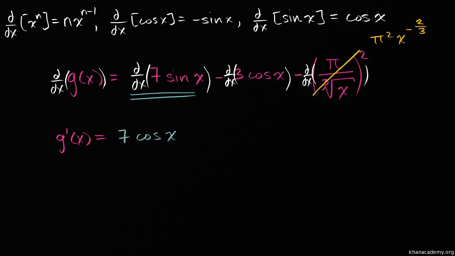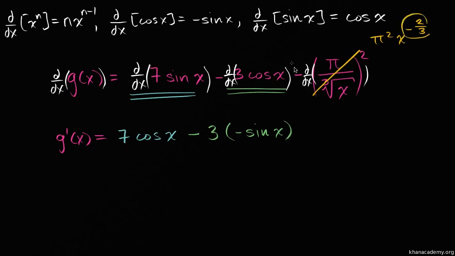This one over here, we're subtracting. So it's going to be this, subtract this, minus. We can bring the constant out that we're multiplying the expression by. And the derivative of cosine of x, so it's minus 3 times the derivative of cosine of x, is negative sine of x. Negative sine of x. And then finally here in the yellow, we just apply the power rule. So we have the negative 2/3.